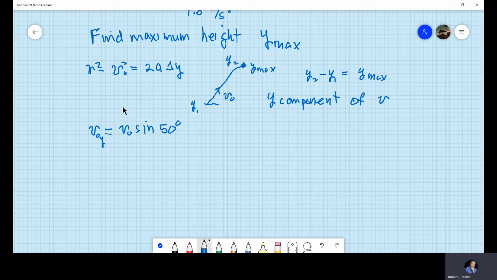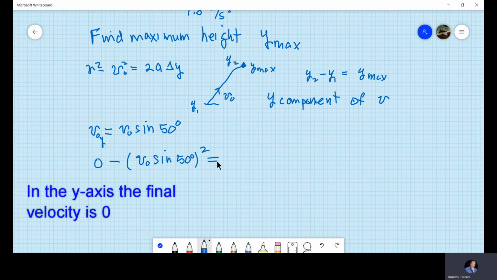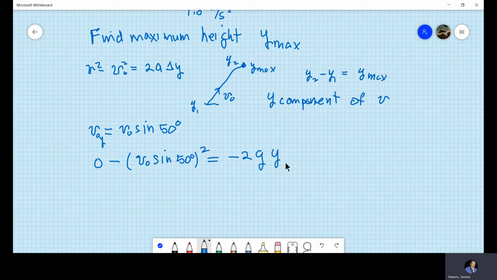Okay, so now we just need to plug this into this equation. Squared. And then this is equal to, we'll put the negative for the g, and this y, which was the delta y, we can just call this y max. This is what we're trying to solve for.